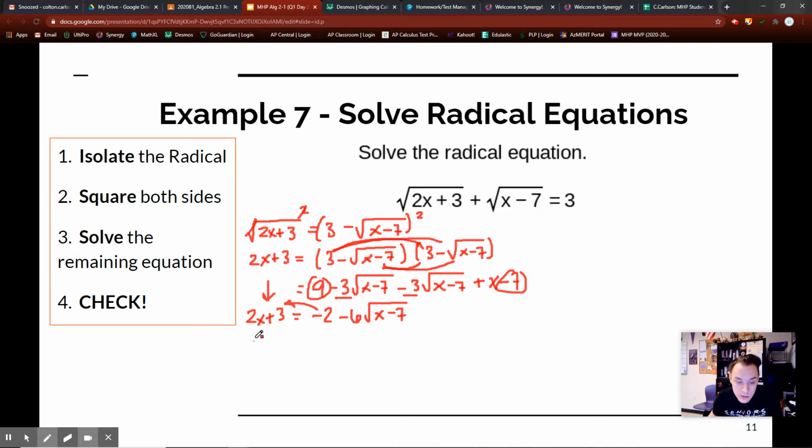This is 2x and then plus 5 equals negative 6, actually no, sorry. This is going to be radical x minus 7. Okay?